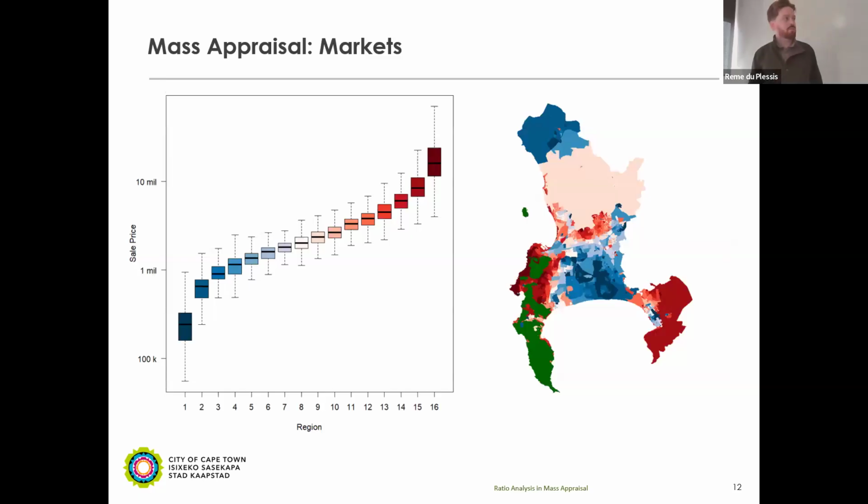So here we have, on a log base 10 scale on the y-axis, just the distribution of the selling prices in our market regions.